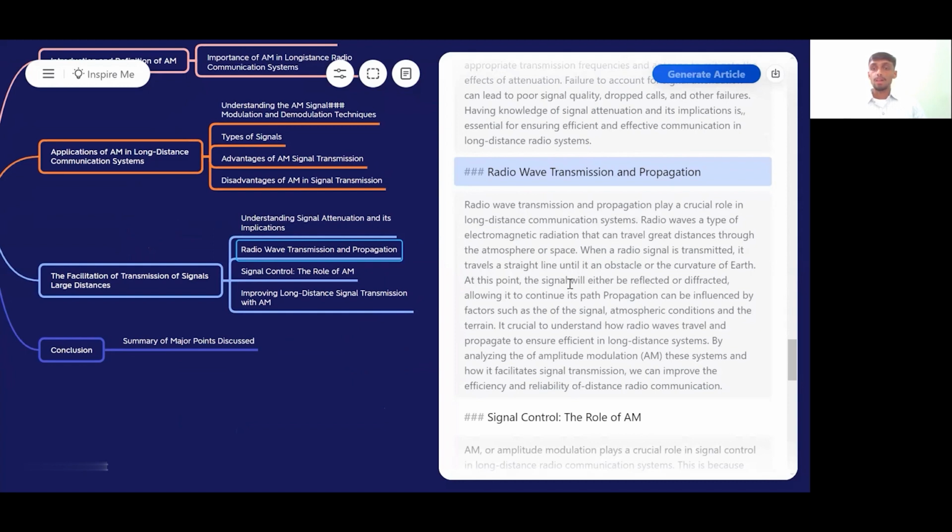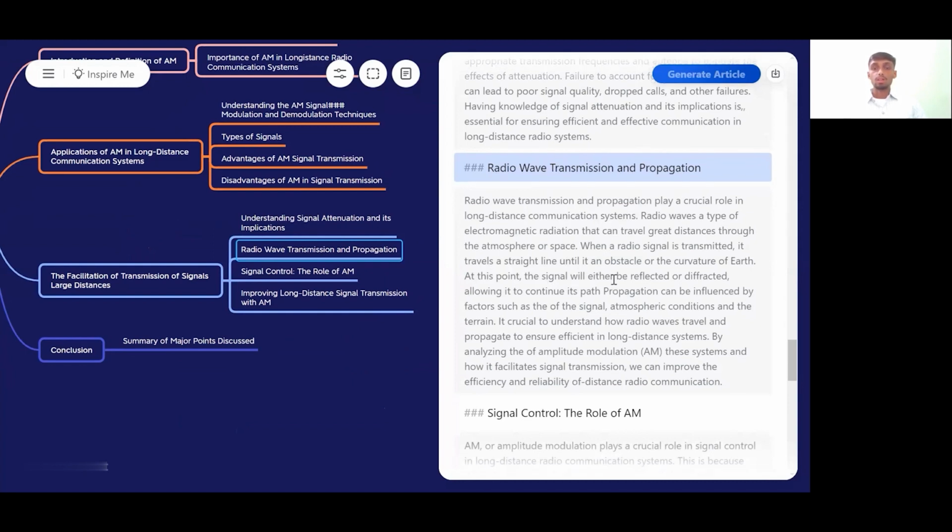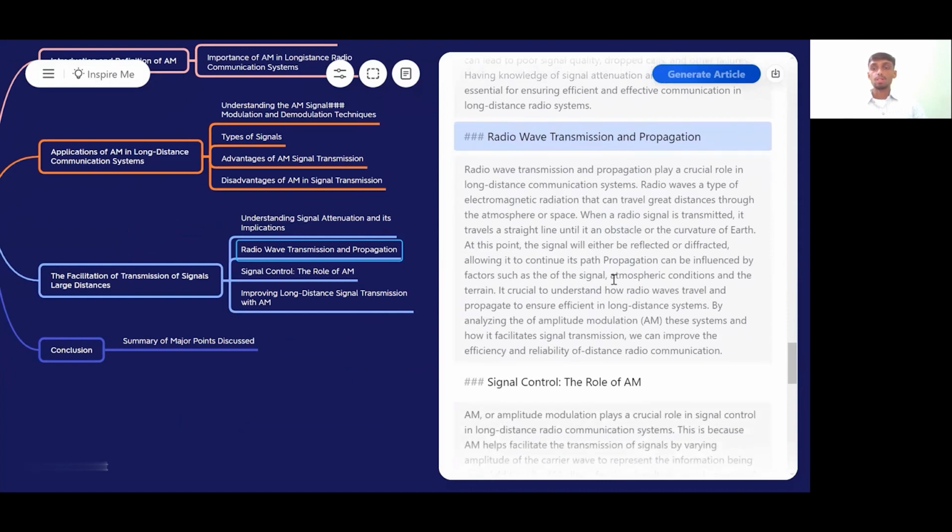At this point, the signal will be either reflected or diffracted, allowing it to continue on its path. Propagation can be influenced by factors such as the signal, atmospheric conditions, and the terrain. It's crucial to understand how radio waves travel and propagate to ensure efficiency in long distance systems.